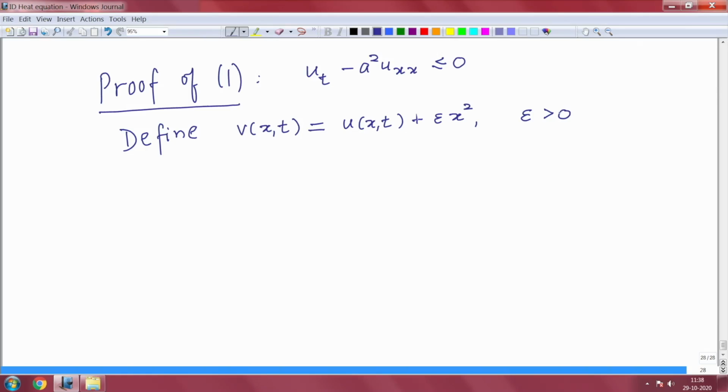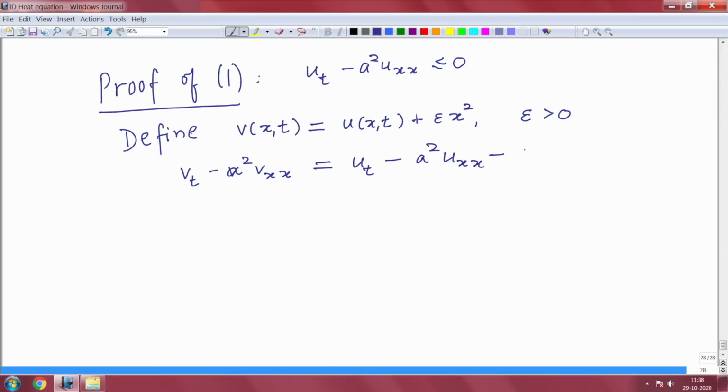So, then you compute v t minus a square v x x, this is same as u t minus a square u x x. With respect to x, there is another term coming here, namely 2 epsilon, and there is a square there.